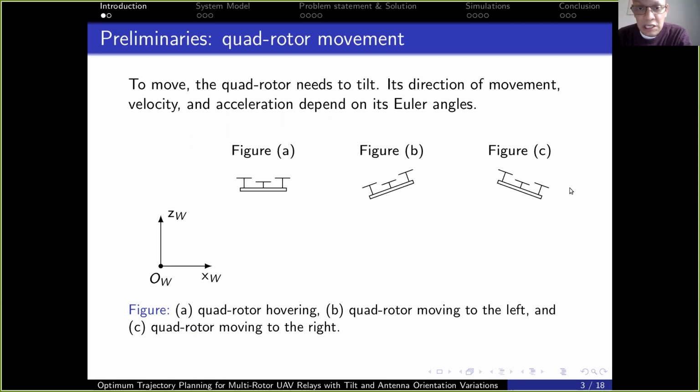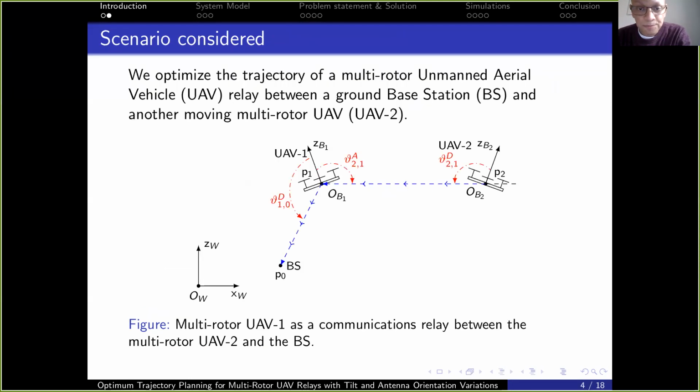Now, this is a key point for the paper that we are going to present. And the scenario considered in our paper is this. We have a UAV called UAV2, which is performing some task, for example, exploration. And it has to communicate with a base station.